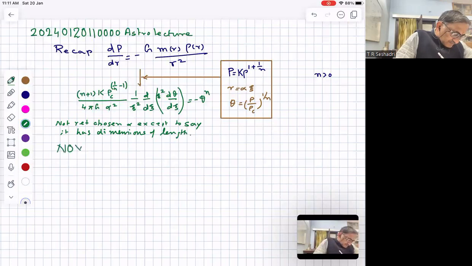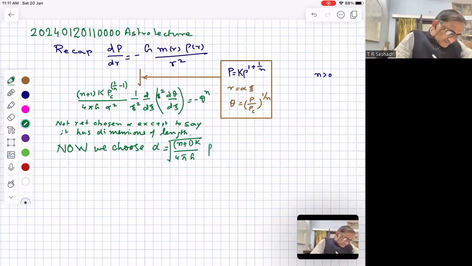Hence, now we choose alpha as square root of n plus 1 k by 4 pi G, rho to the power 1 minus n by 2n.